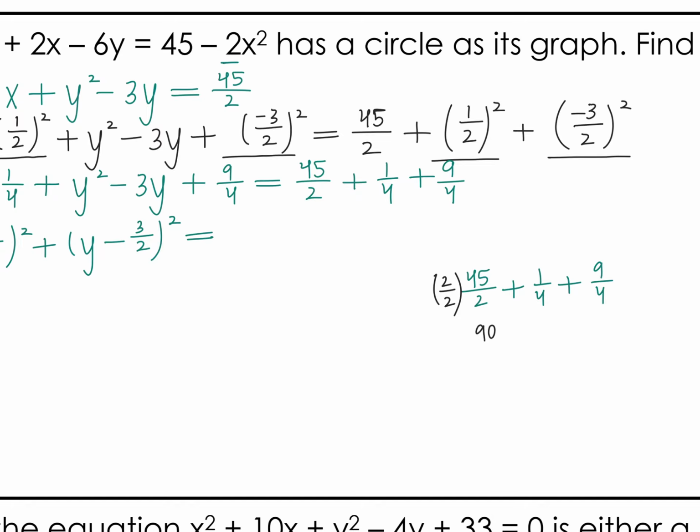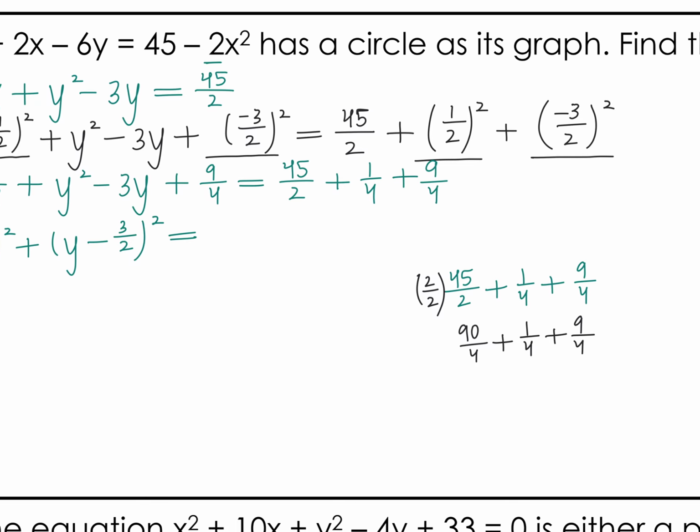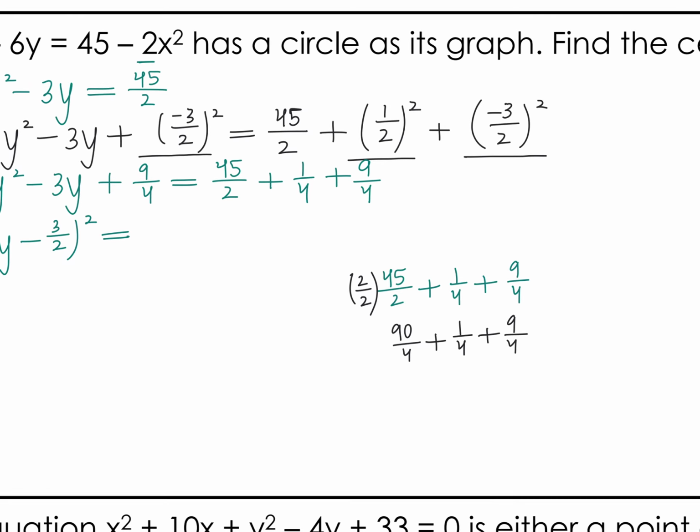And so I'm actually going to have 90/4 plus 1/4 plus 9/4, which when you add them together, remember just the numerators, you're going to get 100/4. Well, 100 divided by 4 is just going to give you a radius squared of 25.